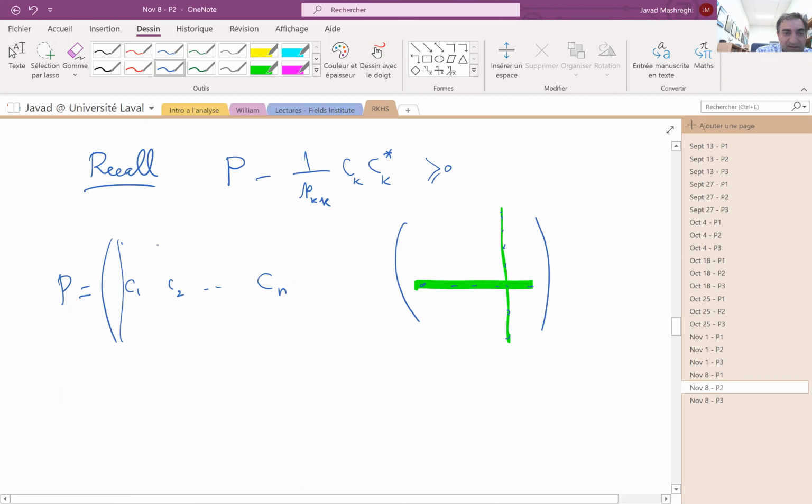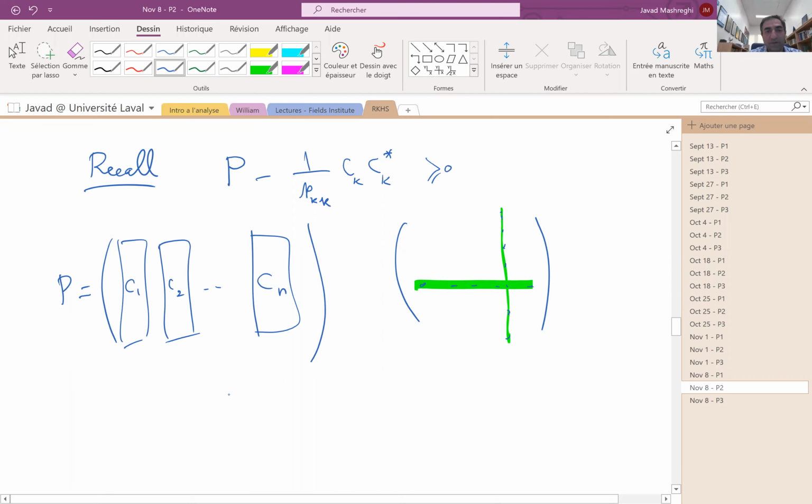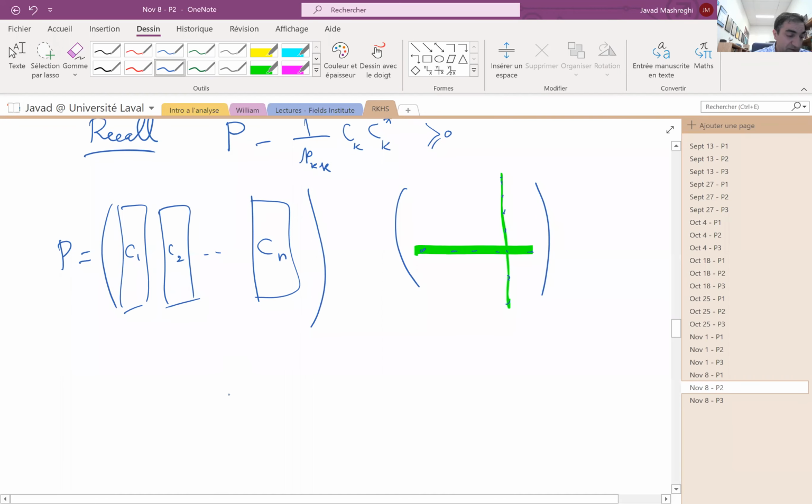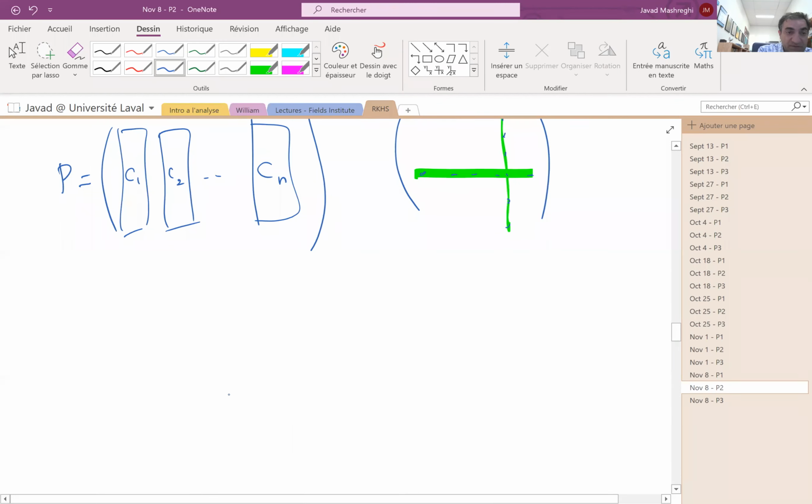We look at P as columns like this. So if we do P minus 1 over Pkk, Ck Ck star, we obtain a matrix which is still positive, but practically the new matrix is n-1 by n-1. And that's the beginning of Cholesky's factorization theorem. So here is the theorem. Cholesky's factorization.